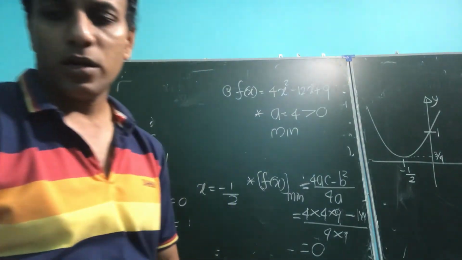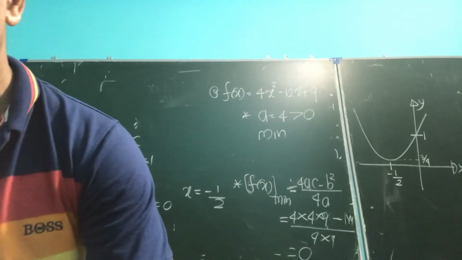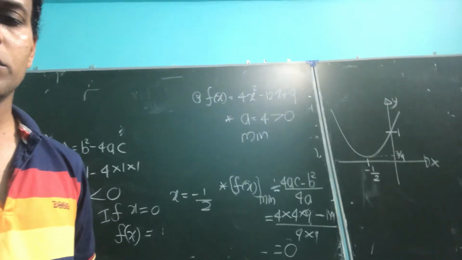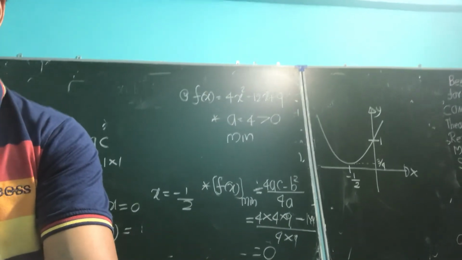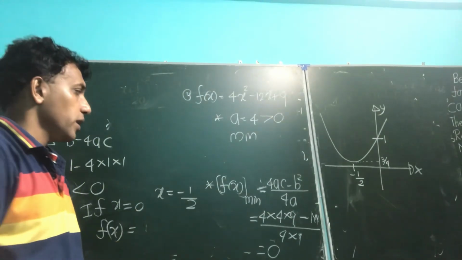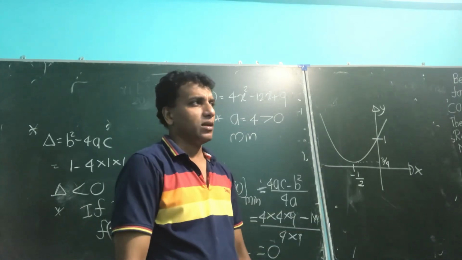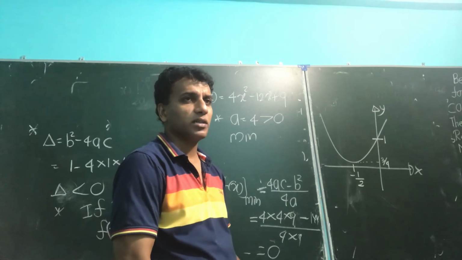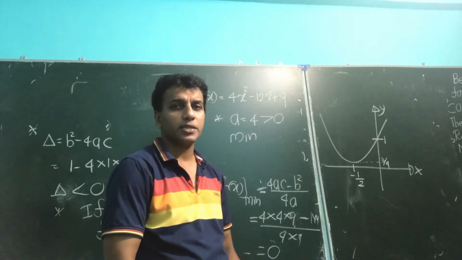Check that. Delta becomes 0. Then you can write a sentence: therefore the graph touches the x-axis.